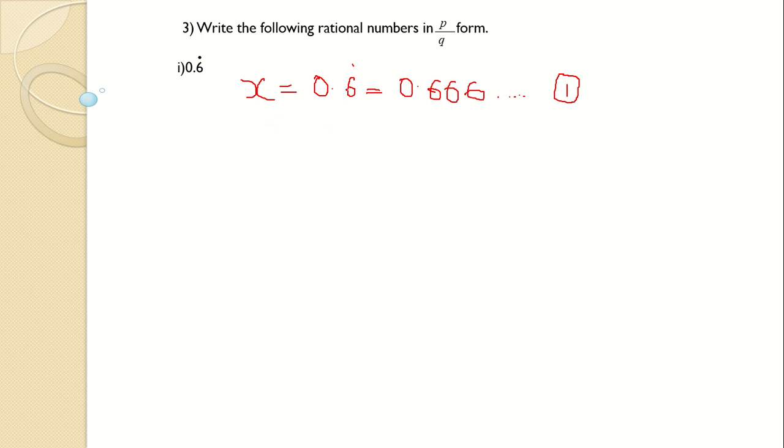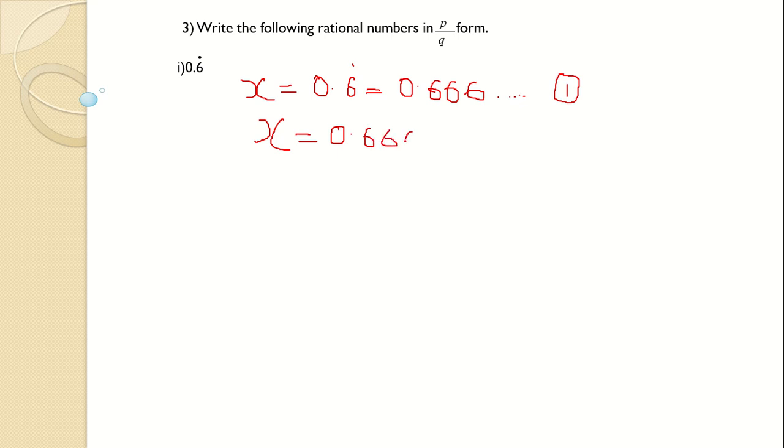Alright. Now, after the decimal point, there is just one number. Then your next step should be, if there is one number after the decimal point, multiplying both sides of the equation by 10. For your understanding I am writing x is equal to that; this step is not needed.